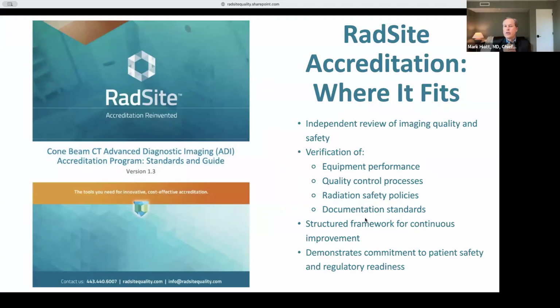Accreditation, whether through RadSite or some other body, gives that independent review and external verification, not only with respect to equipment performance, but also on the people side, the quality control processes, the radiation safety policies, and documentation standards to assure that protocols are right and optimization is pursued.